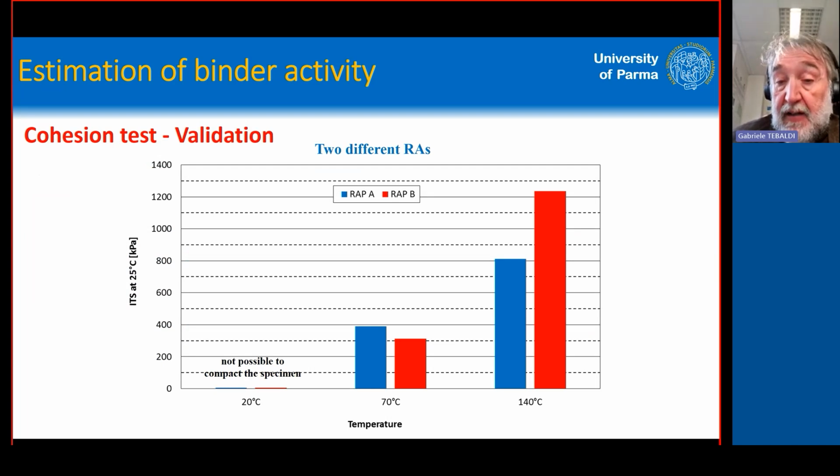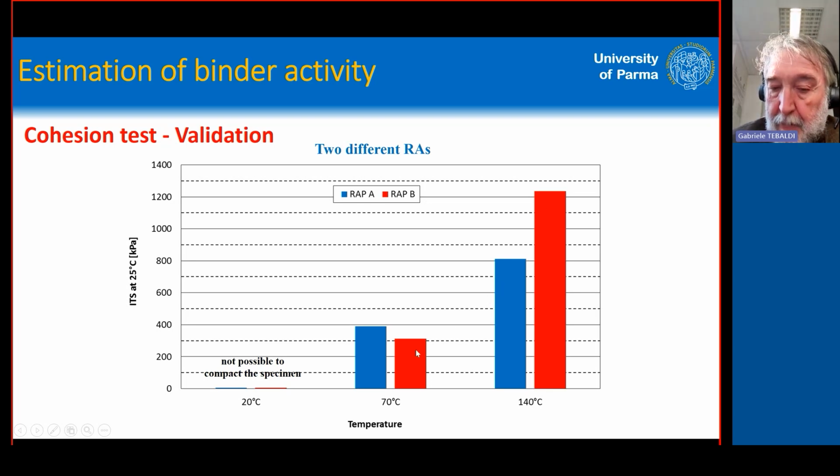You can see here again 2 different wraps. In this case, both were not able to give a specimen compacted at 20 degrees, but we were able to have a specimen at 70, and you can see that this is the level of IDT, but increasing the temperature, we have another level of resistance.